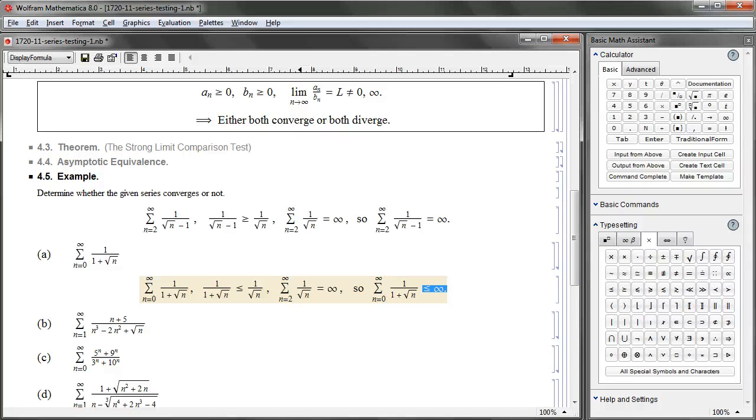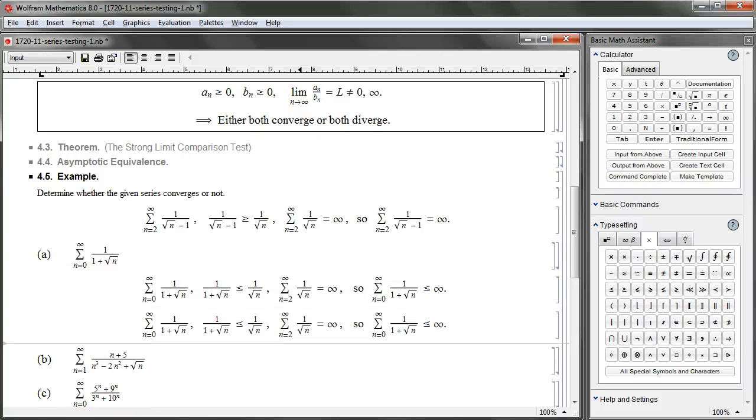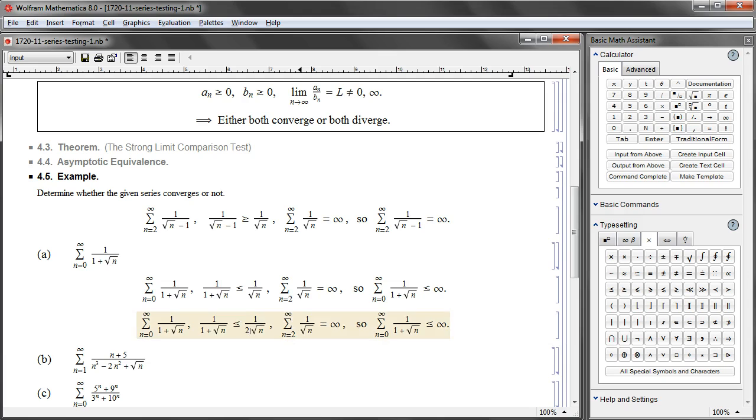So the comparison test is not working very well in this case. There's a way to make it work, to tell the truth, and it's a bit tricky, but you can reduce this one even further by doing something like that.